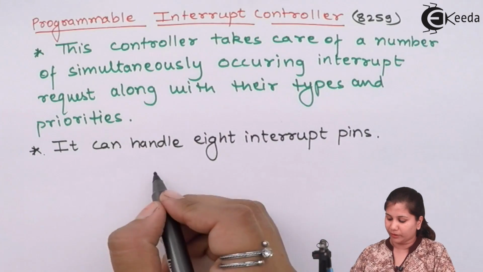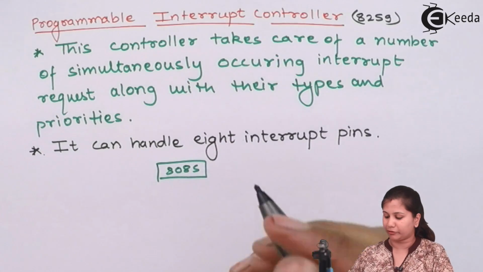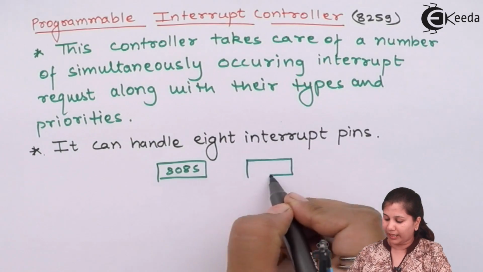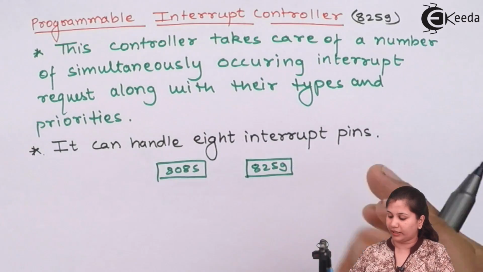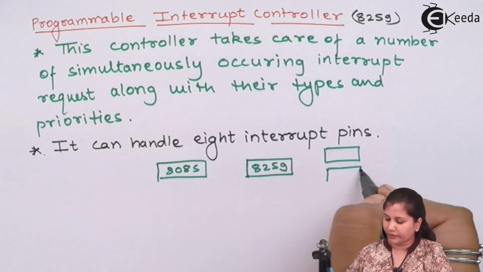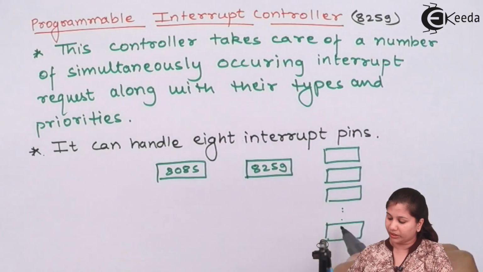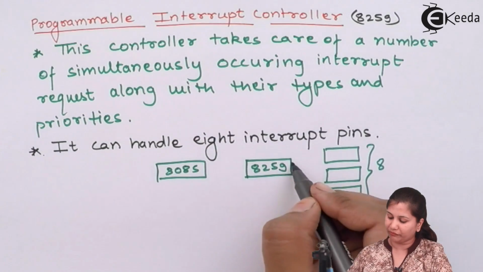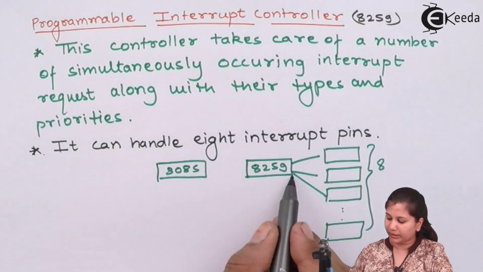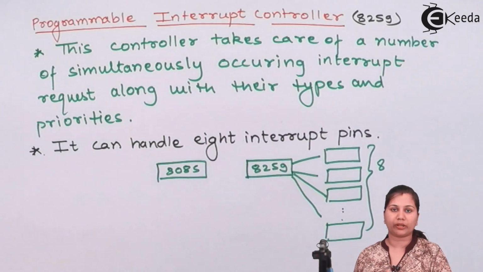So if we have the microprocessor 8085 or any type of microprocessor, we will have this 8259 connected between the 8085 and the input output devices. Here we can have 8 input output devices, and this 8259 has 8 interrupt pins, so 8 interrupt requests can be handled by this 8259.